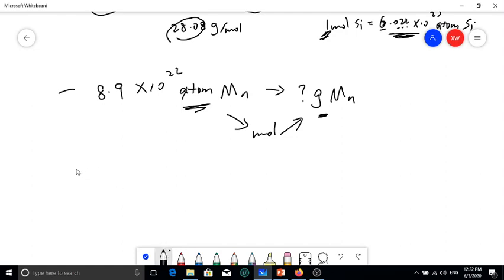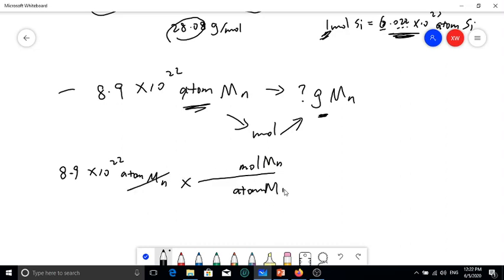All right, so this calculation starts from 8.9 times 10 to the 22nd atoms of manganese. I'm looking for mole of manganese first, as we have planned. So I'm trying to get rid of atoms of manganese. By this point you should know that the converting factor is going to be Avogadro number.